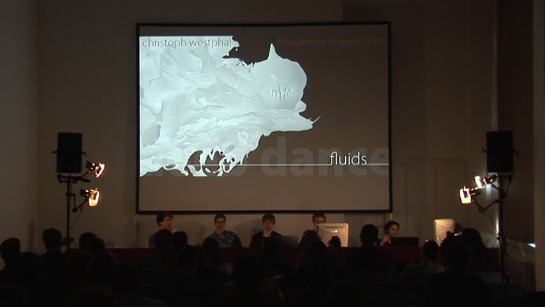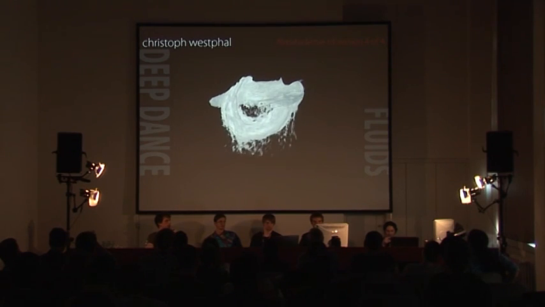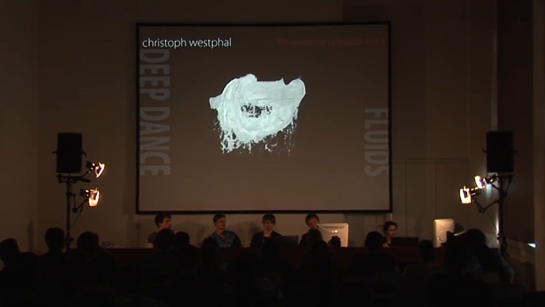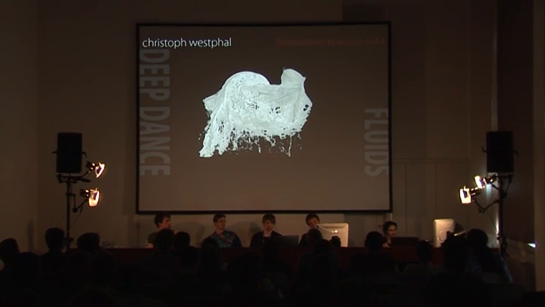So what I did first, I tried some look dev. I just took the fishes, and here I tried to utilize custom velocity fields to make the water move alongside the body.